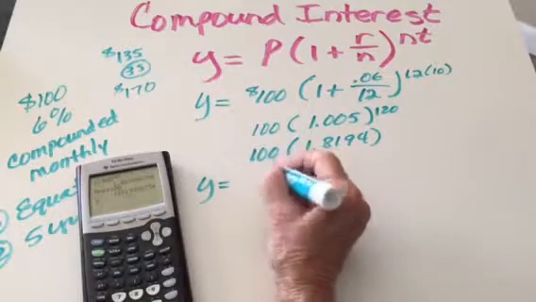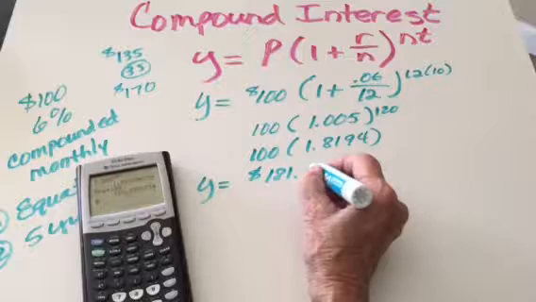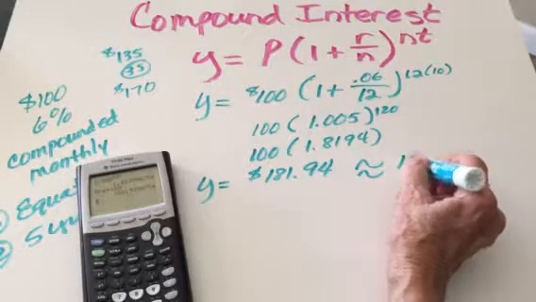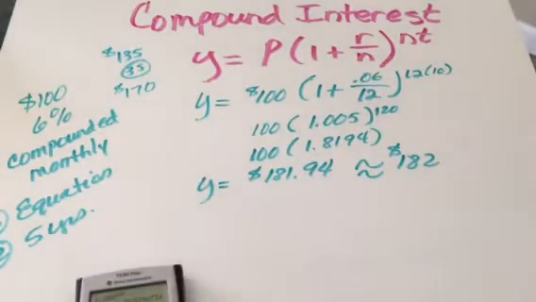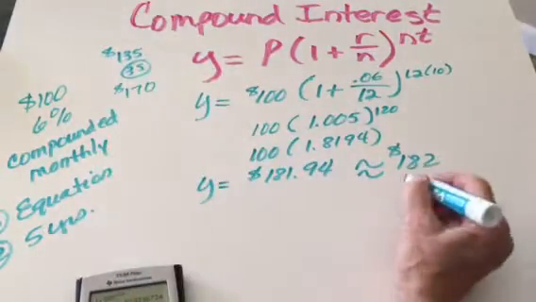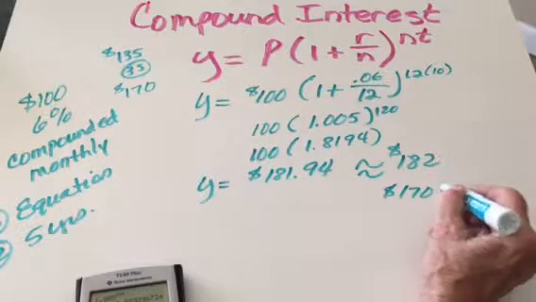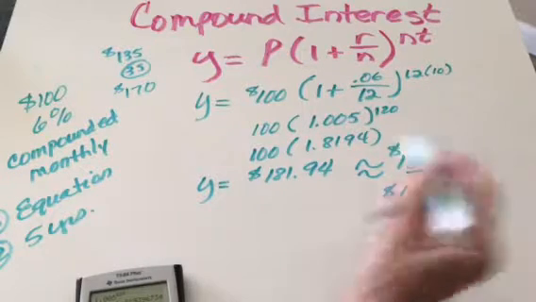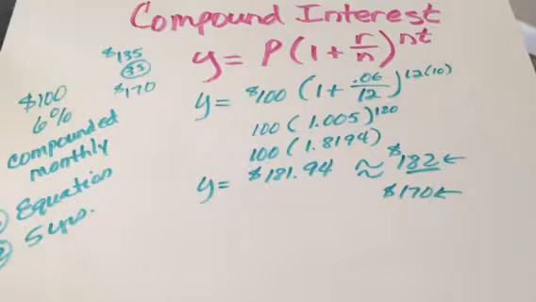All right, the new balance is 181.94. I'm going to round that off, guys, to 182 for right now. All right, now look. We thought maybe it was going to be 170 because that was doubling it, see? But look what happens. We got $12 more than that because of that compound interest.